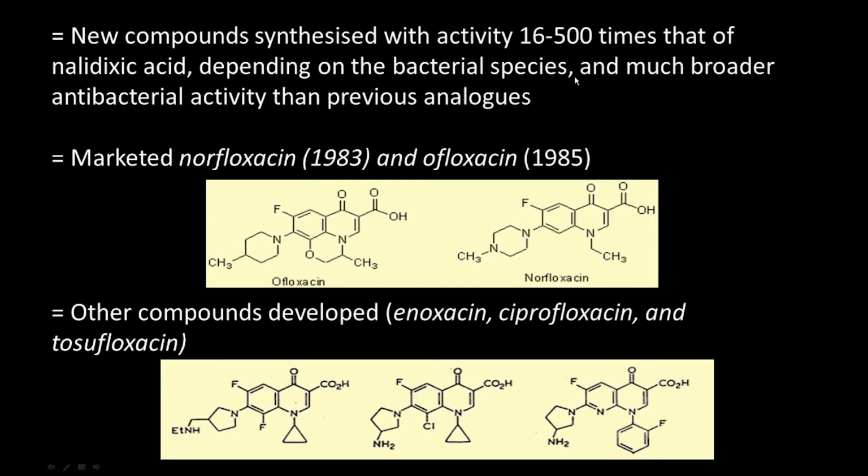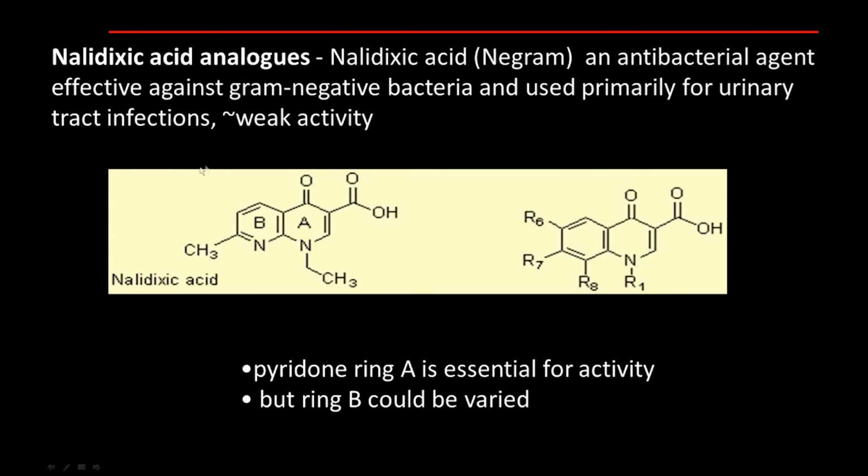The novel compounds have much broader antibacterial activity than the original. So in 1983, Norflox: you can see the ring A is kept constant, and it's changed like this. Oflox, ciproflox, tosuflox, inoxazine. All these are new molecules that were synthesized starting from the original nalidixic acid.